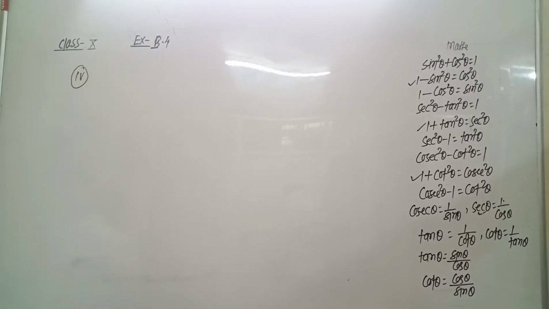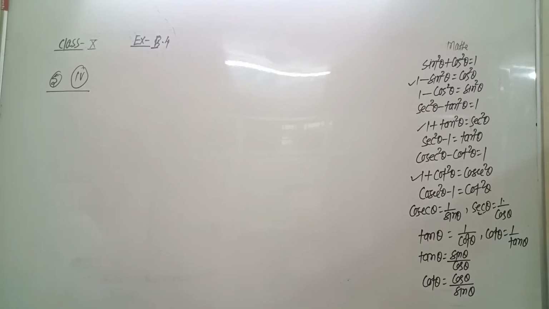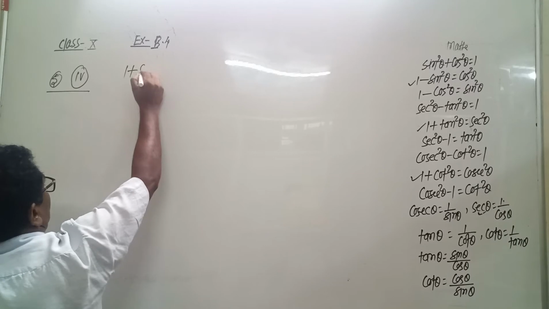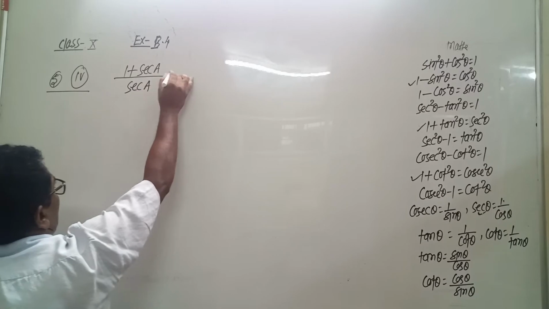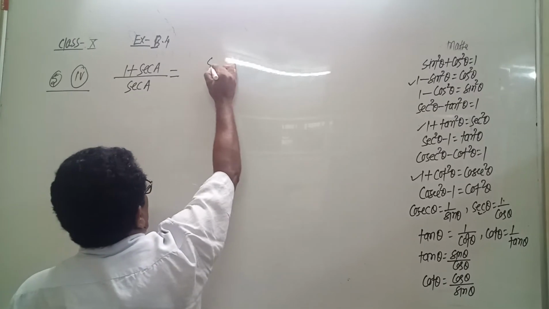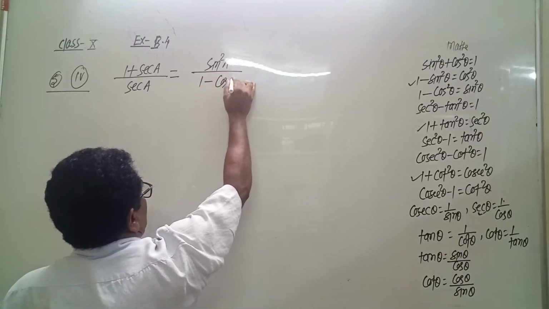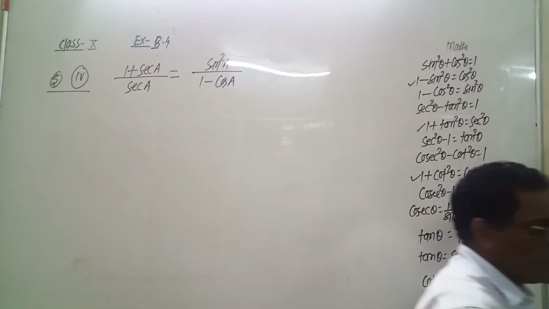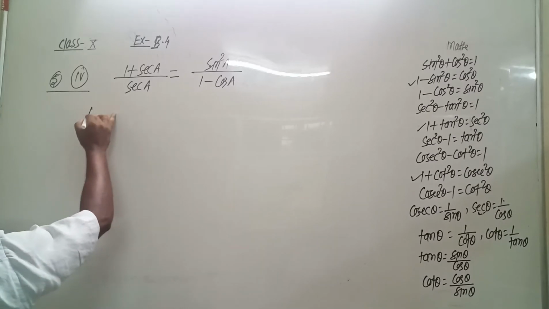Now the fourth part of question number 5: (1 plus sec A) upon sec A equals sin square A upon 1 minus cos A. So we will solve both LHS and RHS.